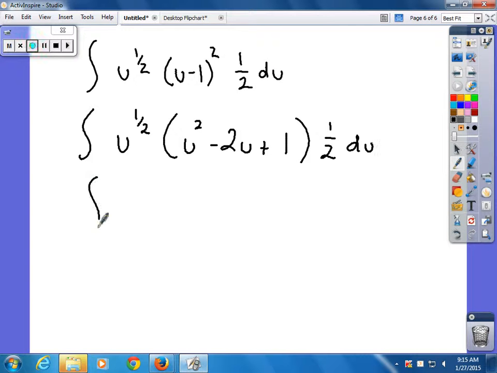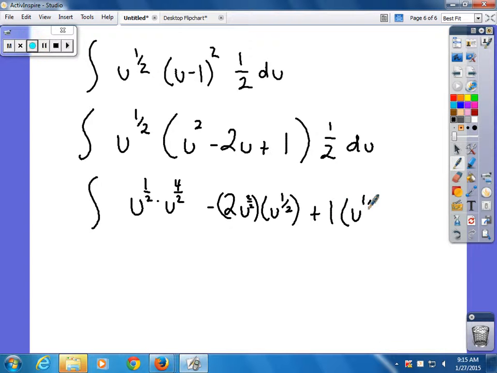That's going to be the antiderivative of u to the 1/2 times u to the 4/2 minus 2u times u to the 1/2, and that's 2/2, plus 1 times u to the 1/2, and all that 1/2 du.